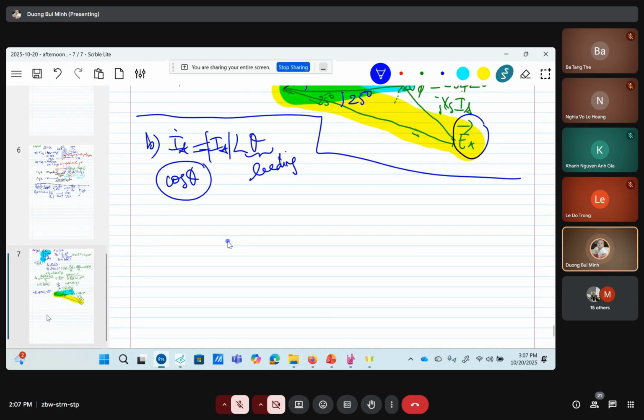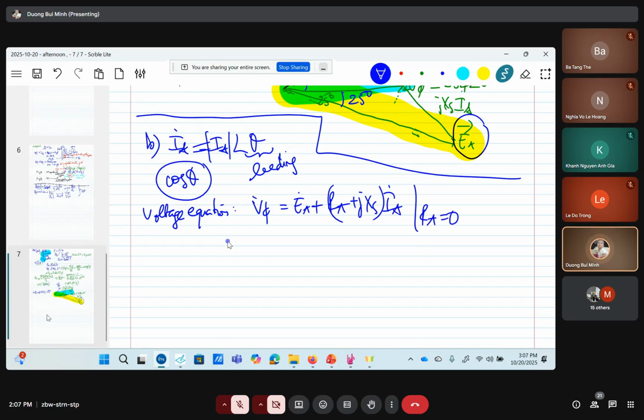Okay, so we have the voltage equation, right? We have V phase equals EA plus RA plus jXS times IA. But RA is 0, so we skip this one.